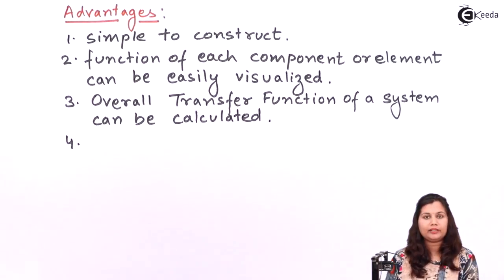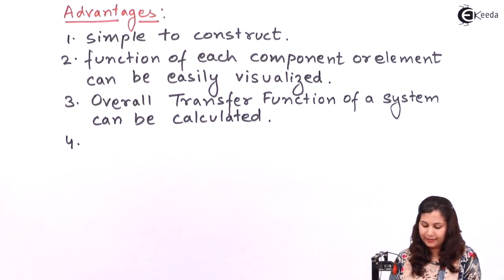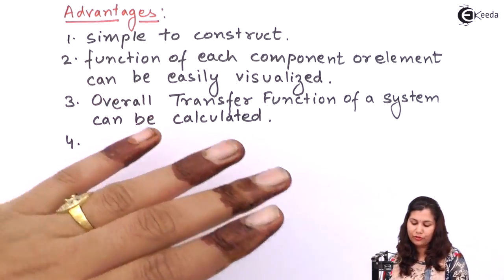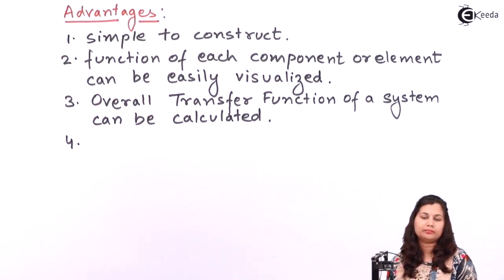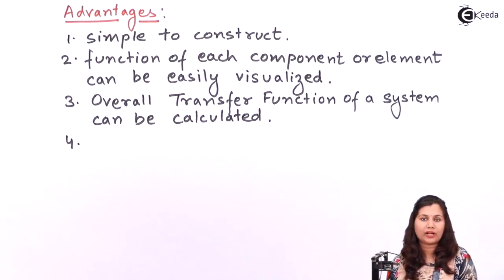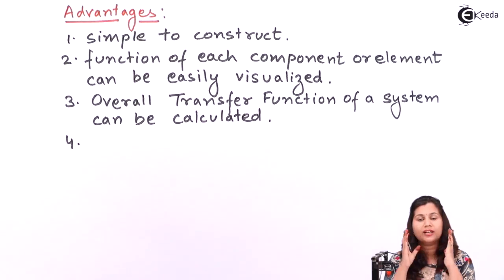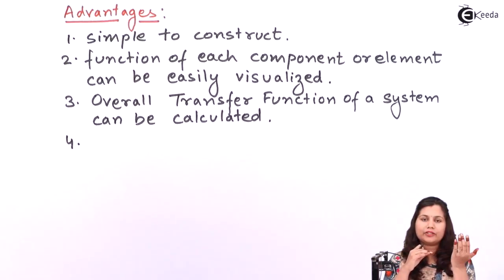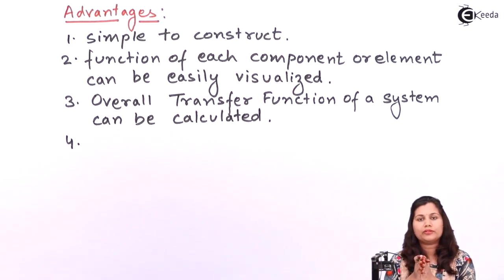The fourth advantage of a block diagram is that if the transfer function of each component is known to us, we can also calculate the overall transfer function of the system. So by having the transfer function of each component and the overall transfer function of the system, we can study the individual and overall performance of a system by a block diagram.